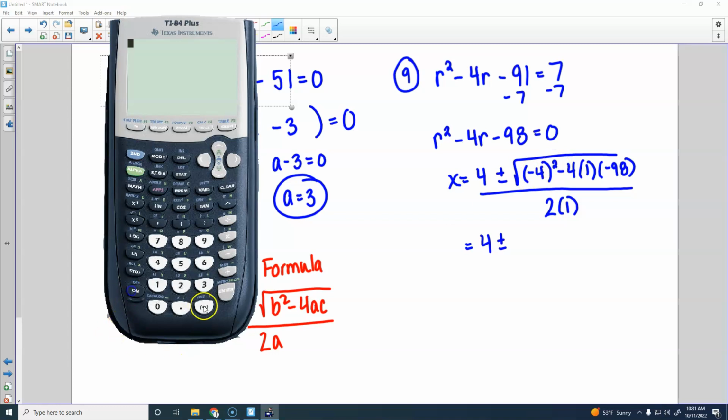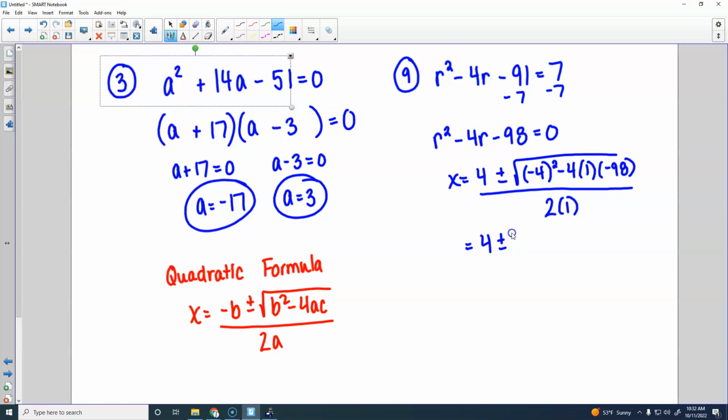But if you type it in like this, negative 4 squared, it's going to tell you it's negative 16. You really didn't mean that. What you meant was negative 4 squared, like that, right? Just don't even type in the negative, because when you square it, it's going to be positive anyway. So 4 squared minus 4 times 1 times negative 98 is going to give us 408.